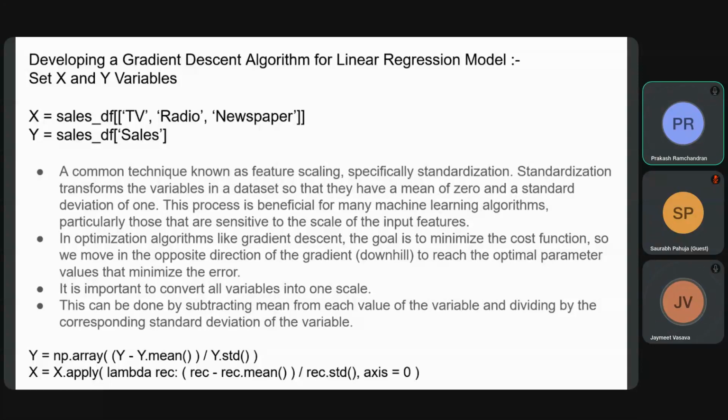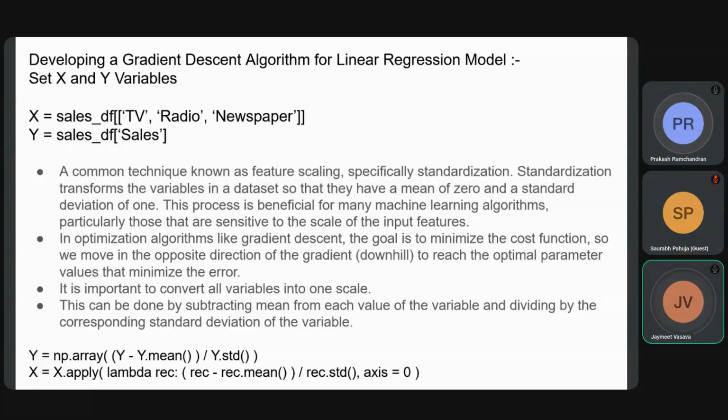That means the operations will be happening column wise, so TV, radio, and newspaper that way. But if axis is equal to 1, then the operations will be happening row wise, so index 0, 1, 2, 3 that way.